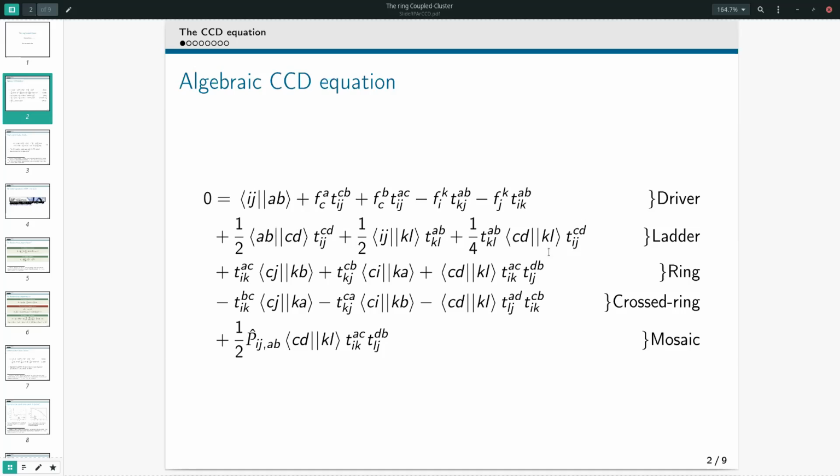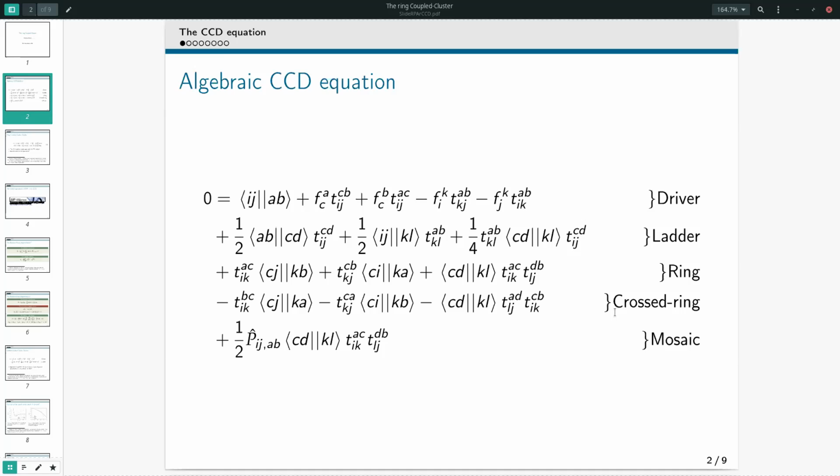When you have a particle-hole contraction, it's the ring term, and you also need to add the crossed ring term, which also has a particle-hole contraction but with crossed terms. You need to add those terms to ensure the antisymmetry of your wave function.